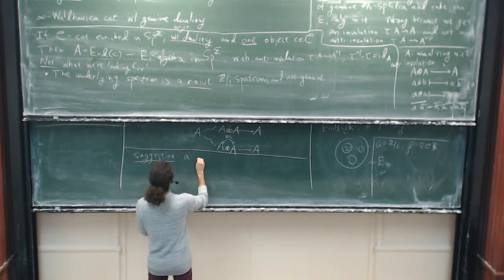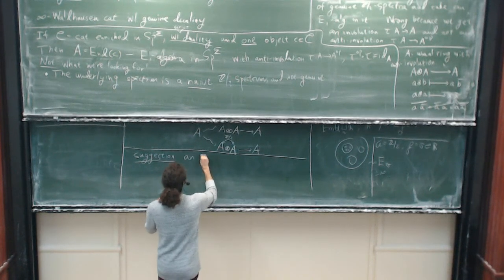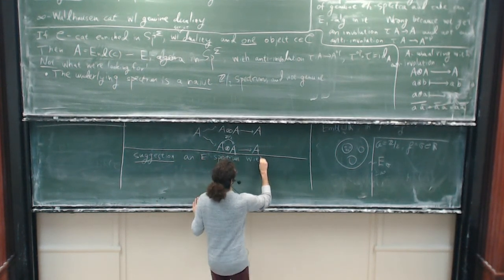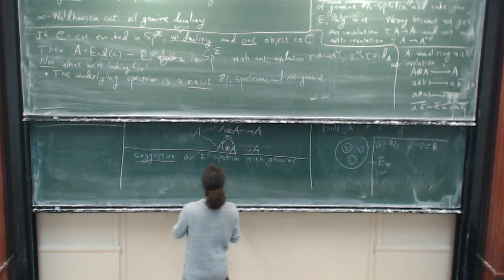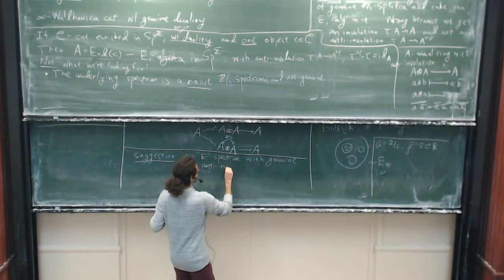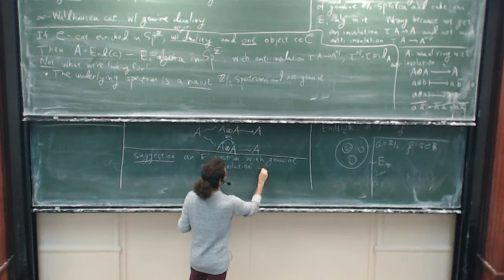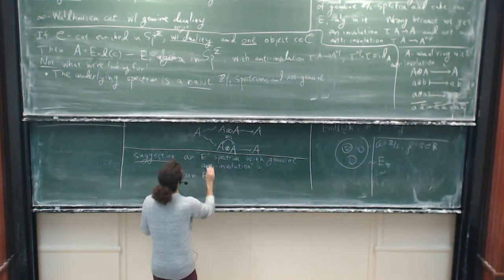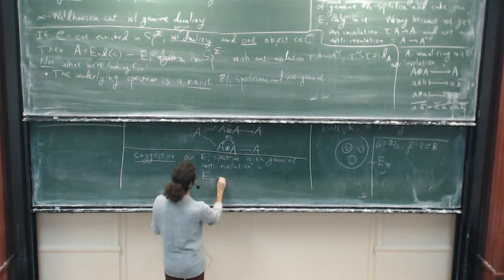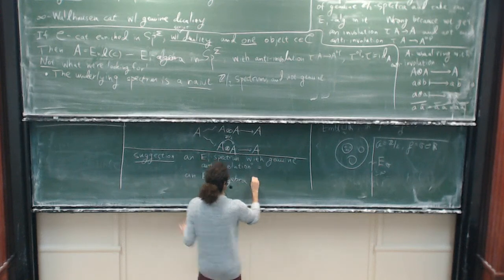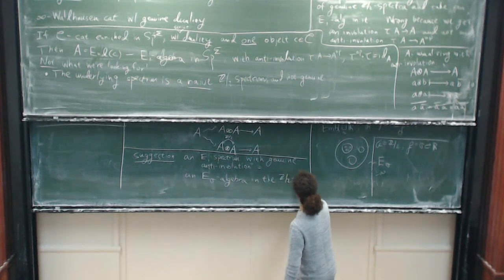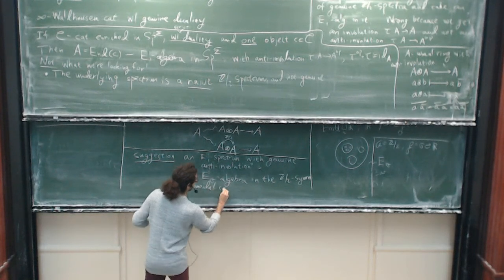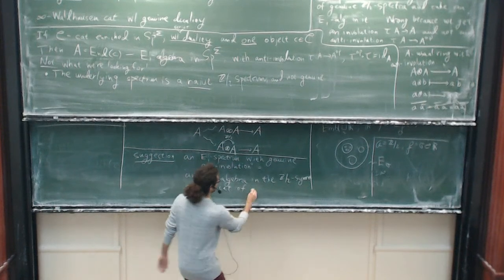Suggestion: an E_1 spectrum with genuine anti-involution should be defined to be an E sigma algebra in the Z mod 2 symmetric monoidal category of genuine Z mod 2 spectra.